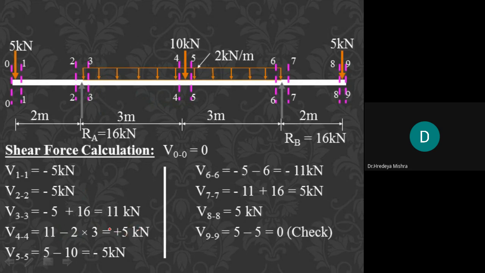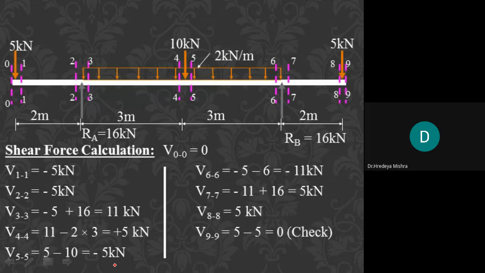That is 5 kilonewton. Now at 5-5 a point load of 10 kilonewton is applied downward, so minus 10 gives minus 5 kilonewton at this section.